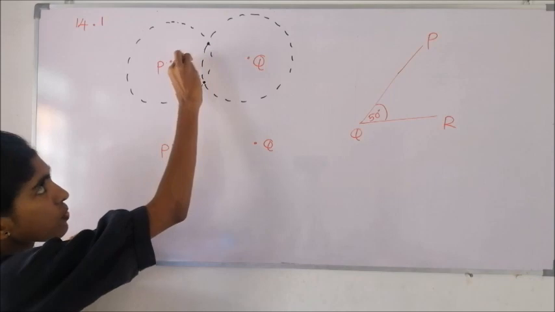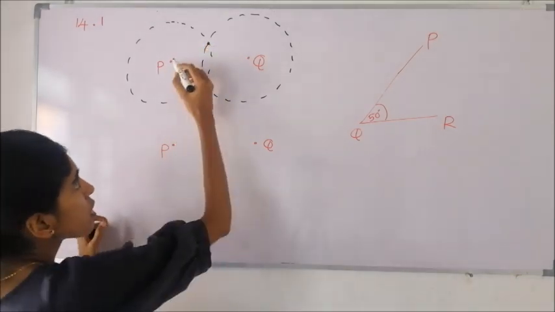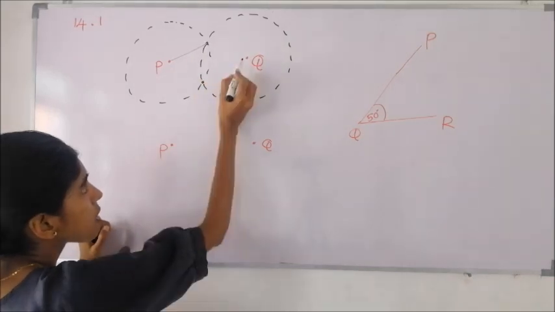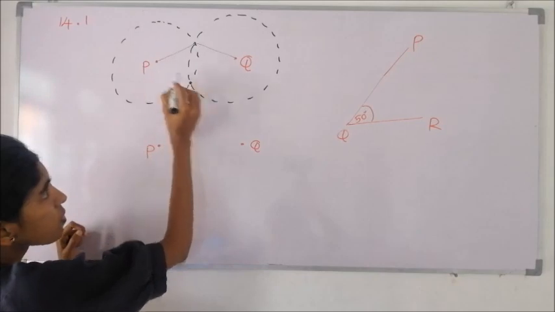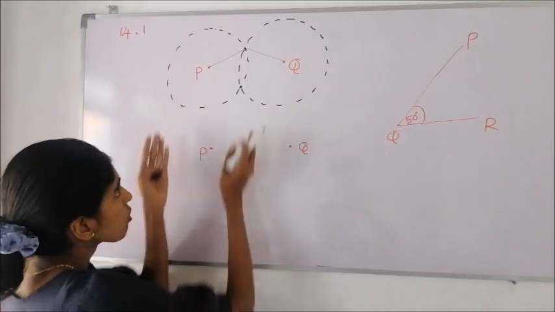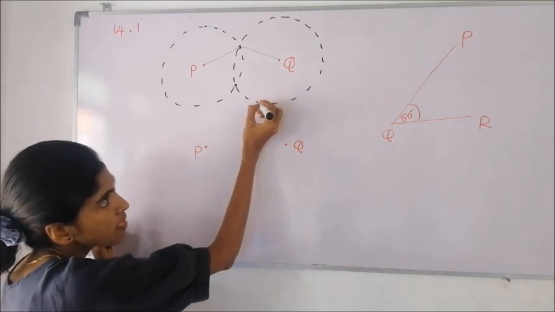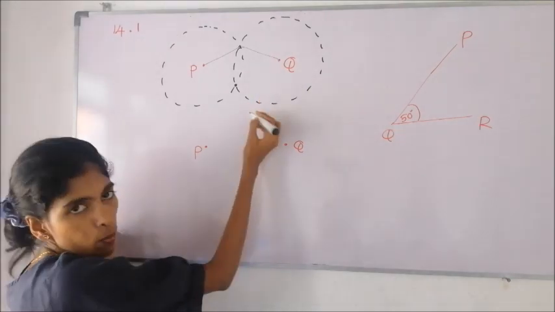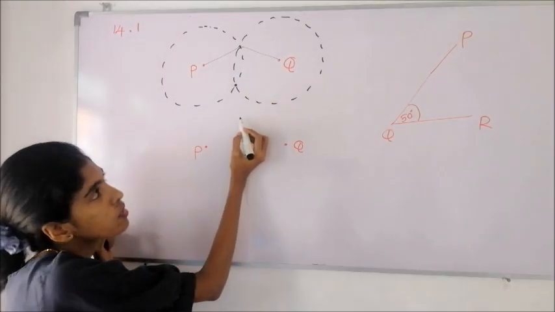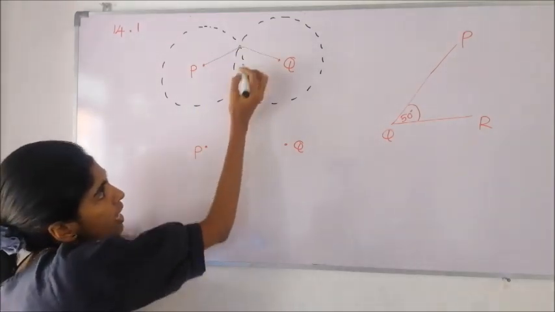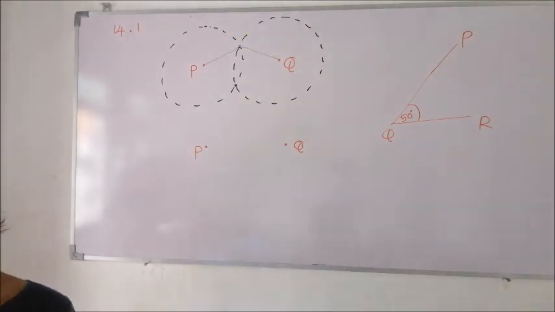When we consider this point, it is 15 meters away from point P and point Q. This point is also 15 meters away from both P and Q. But if you consider only one point like this, it is 15 meters away from Q but not from P. So only these 2 points can be considered to fix the tap.